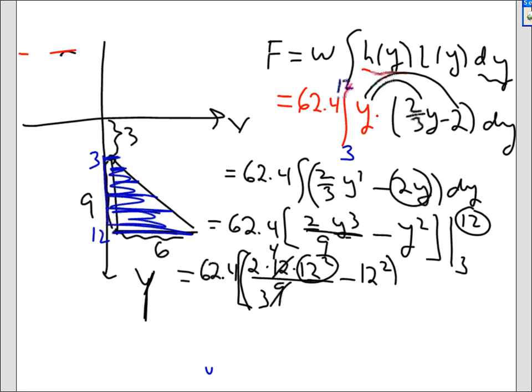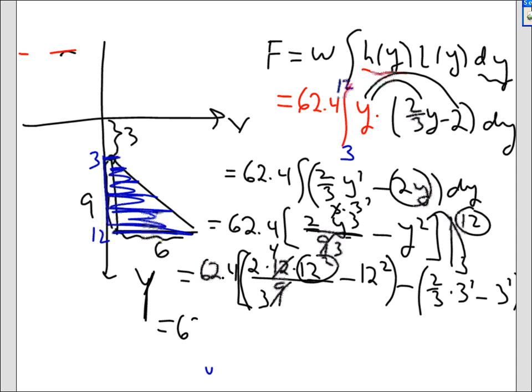Minus, you plug in 3. You have 2 times 3 times 3 squared over 9. 1 3 on top kills the 3 in the bottom. You have 2/3 times 3 squared. Minus, you take away 3 squared.